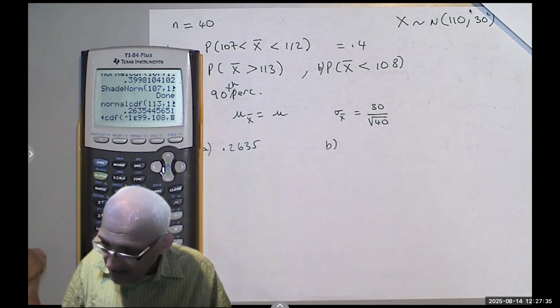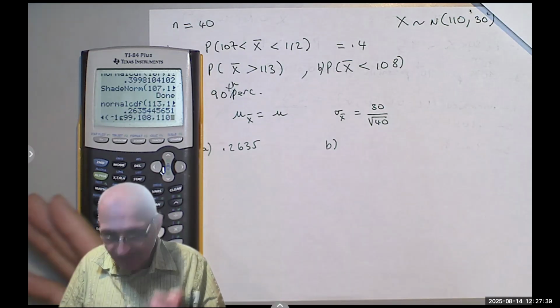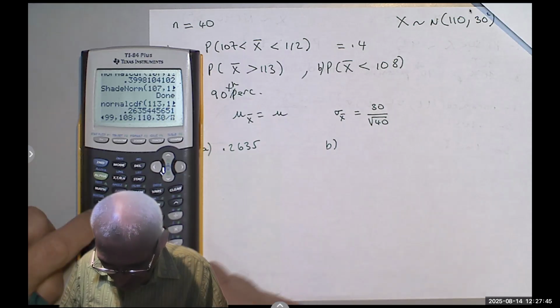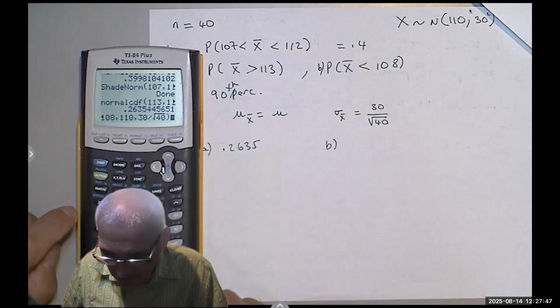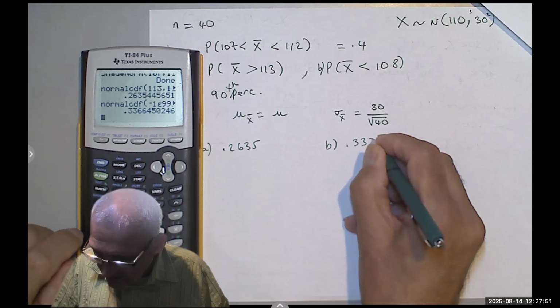The mean is 110. So I am below the mean, so it's definitely less than 50%. And the standard deviation is 30 over the square root of 40. That gives me 0.337.